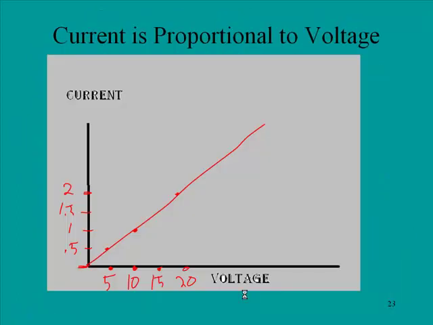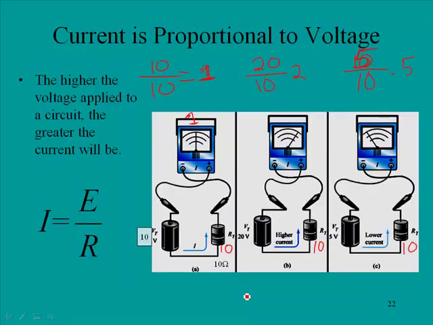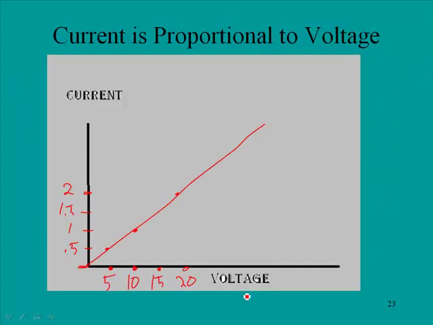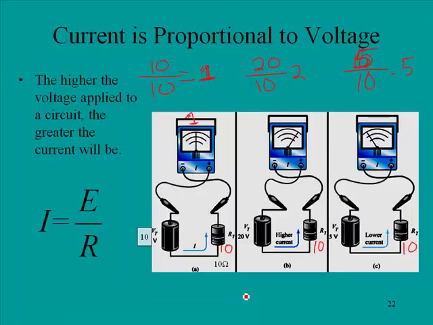Then we looked at the first part of Ohm's law that says the current is proportional to voltage, and we hooked up a current meter to a battery and a resistor. We left the resistor at one value, we changed the voltage, and we saw that the current changed in a proportional manner.